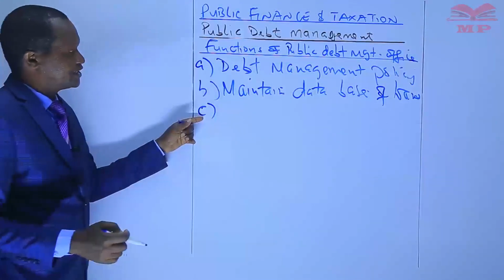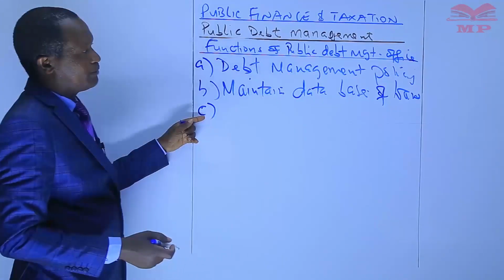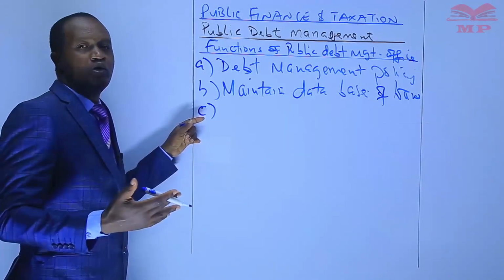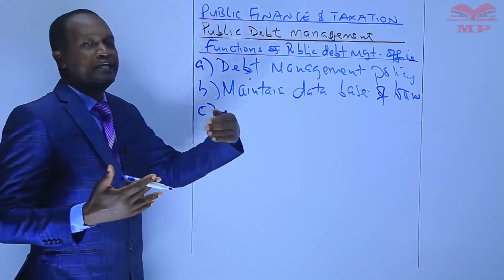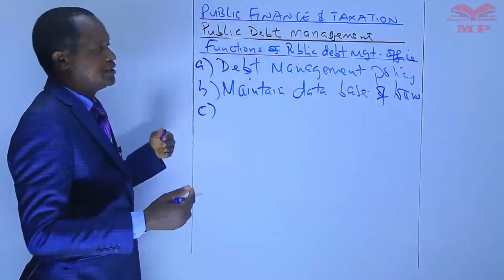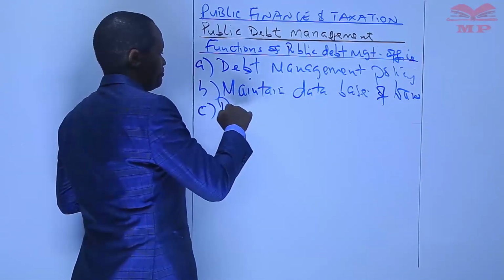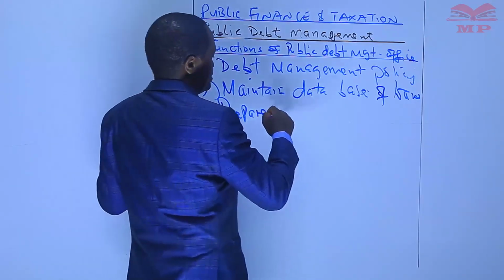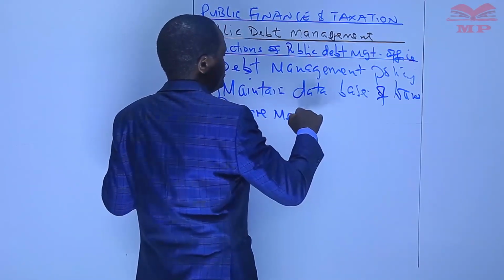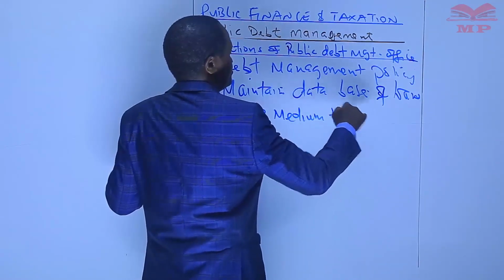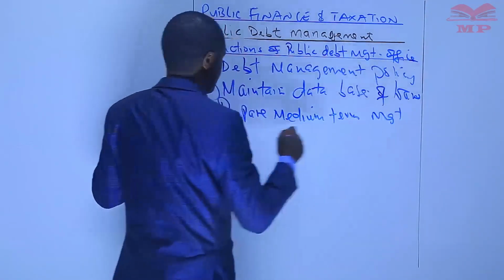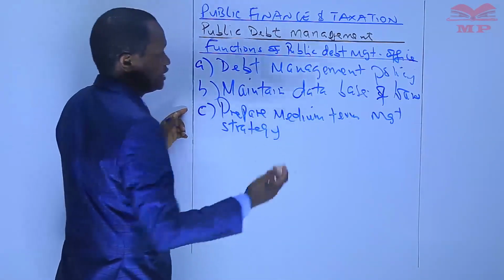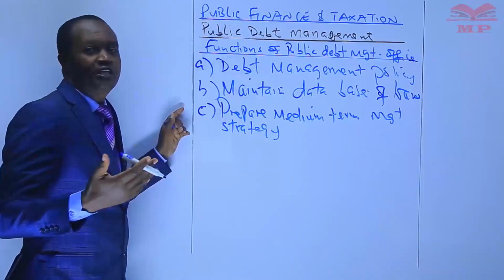Then the third function of the Public Debt Management Office is to prepare what we call a medium-term management strategy.